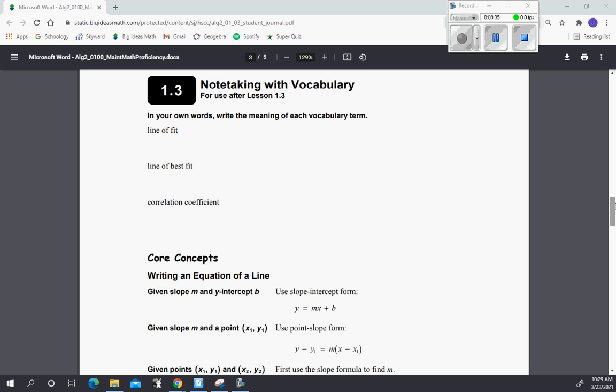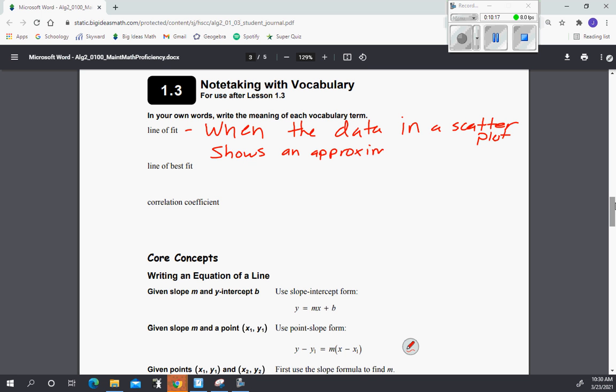Starting with the line of fit: when the data in a scatter plot shows an approximate linear relationship.